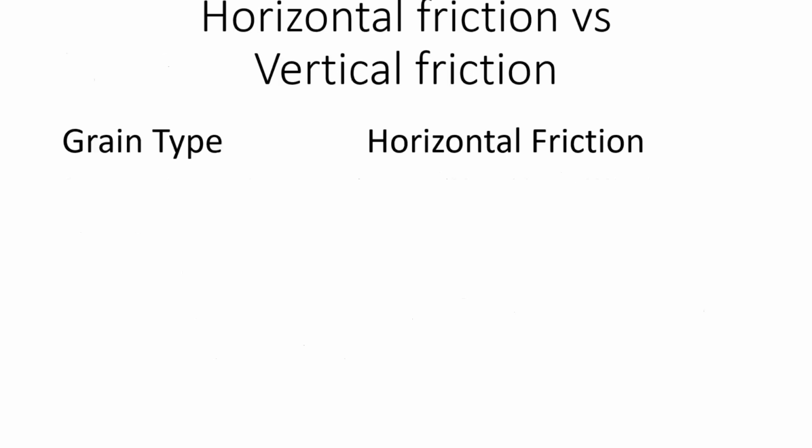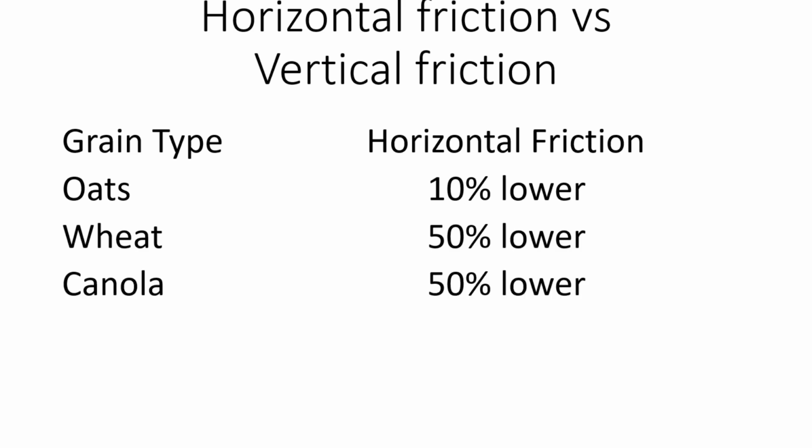There's been significant research done, and what it really points to is that, for example, if you push air through oats horizontally instead of vertically, you get about a 10% reduction in the back pressure, or the pressure drop. If you move to wheat or canola, you actually get a 50% reduction in the pressure drop, which is really astounding. And barley is even more pronounced at 70% lower.